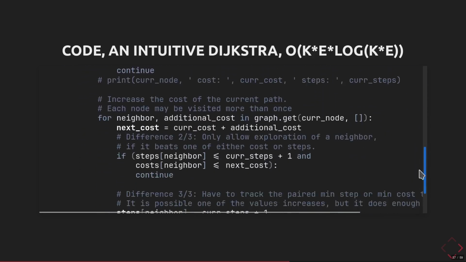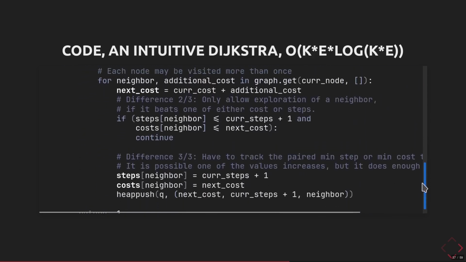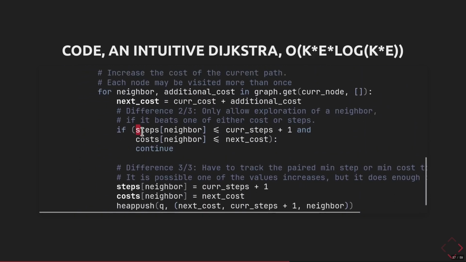Okay, personally, I find this solution a bit more intuitive than other ones. The key expressions are right here, in this if statement, right? This allows an option where if a node can be explored with fewer steps but more cost, we allow that exploration.